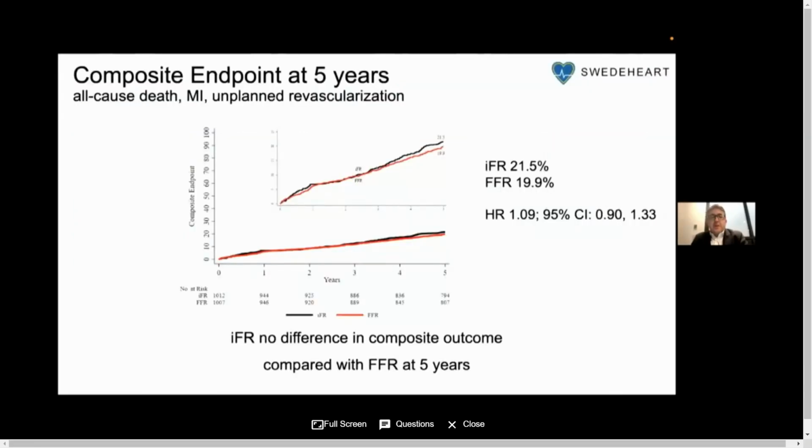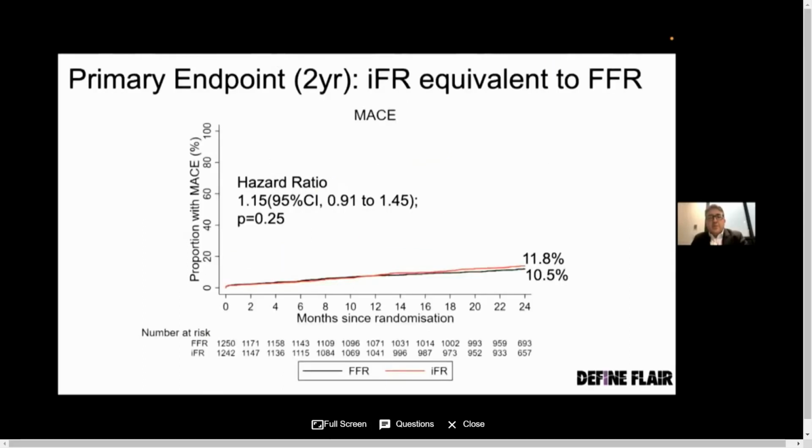We have great data which has come out looking at the endpoints. This is data here from the IFR SWEDEHEART data sets at 5 years now. And you can see here, this continues to show equivalence between either an IFR or an FFR guided approach, both in terms of the Kaplan-Meier curves, but also if you look at each of the secondary endpoints as well.